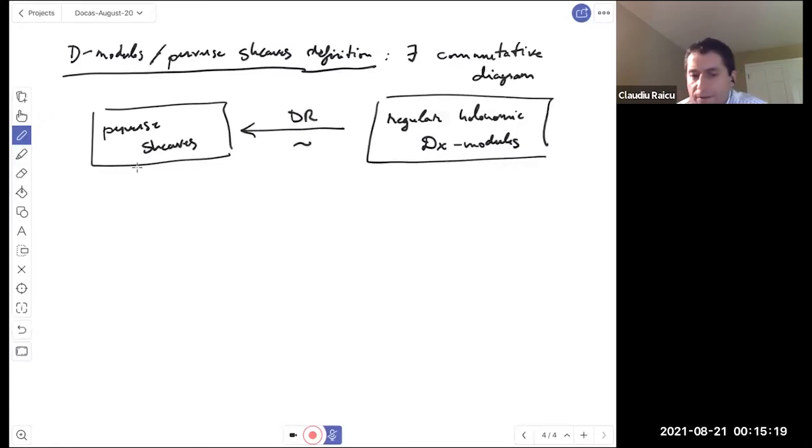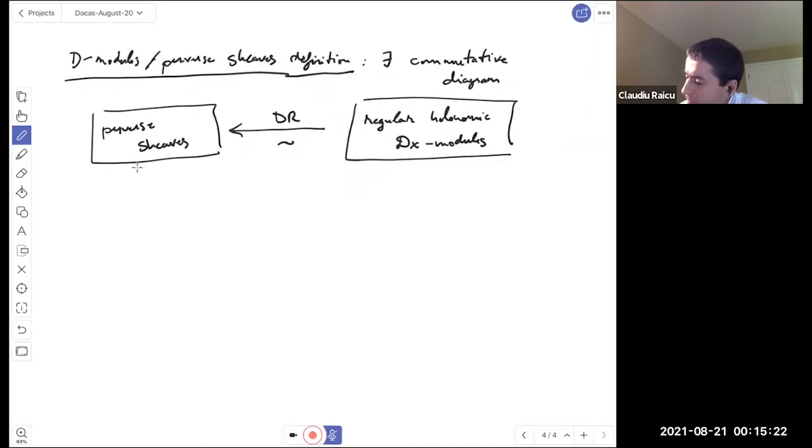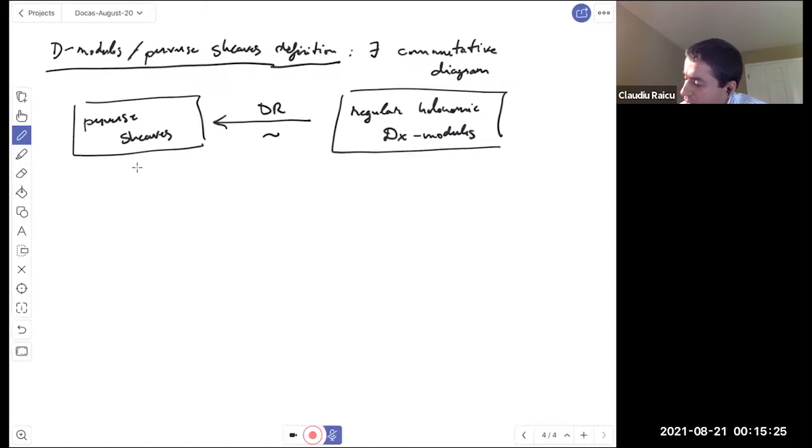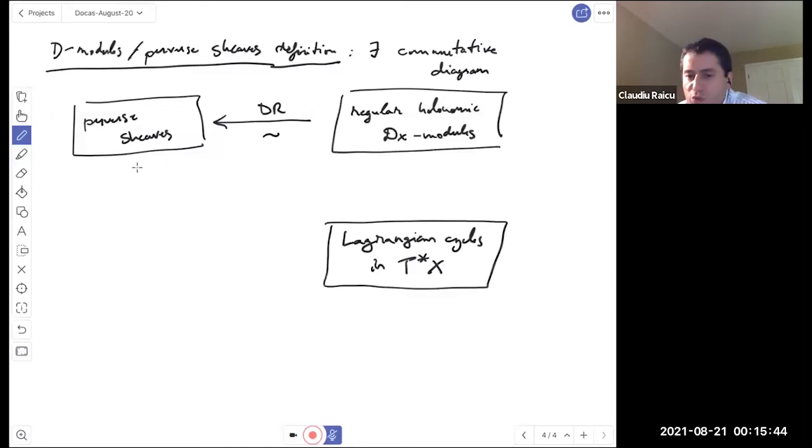And now there's a map to the free abelian group of Lagrangian cycles in the cotangent bundle of X. So this group is just a free abelian group generated by conormal bundles to subvarieties.